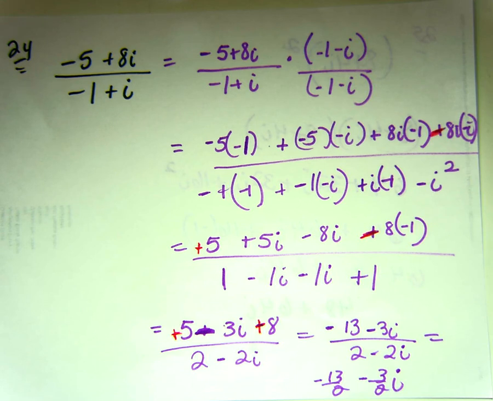So now we have negative 5 plus negative 8 gives you negative 13, because both of them are negatives. Factor out down here at the bottom. So once we rewrite this, that's going to be 13 over 2 minus 3 over 2i.